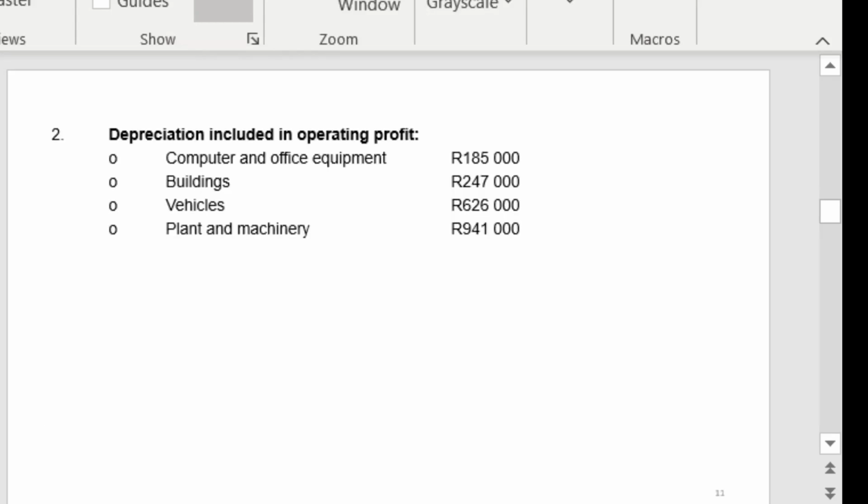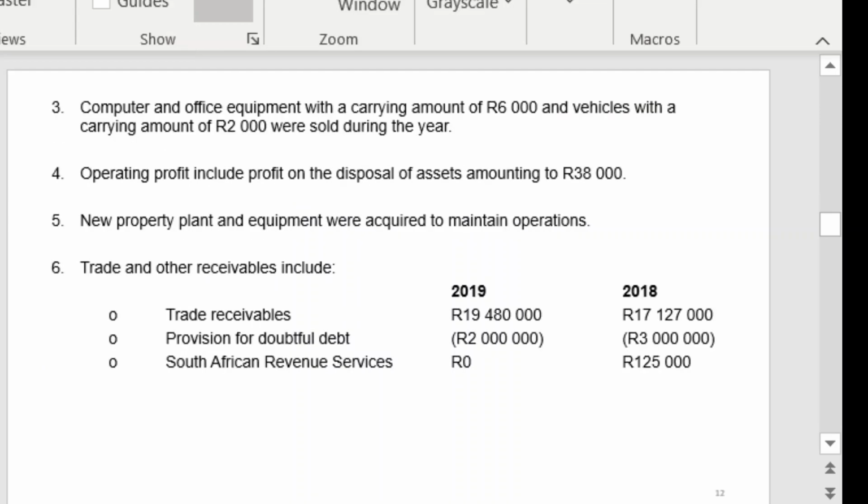Additional information number 2, we are given depreciation amounts, and they are indicating to us that this depreciation is included in the operating profit. Additional information number 3, we're told that computer and office equipment with a carrying amount of 6,000 and vehicles with a carrying amount of 2,000 were sold during the year.